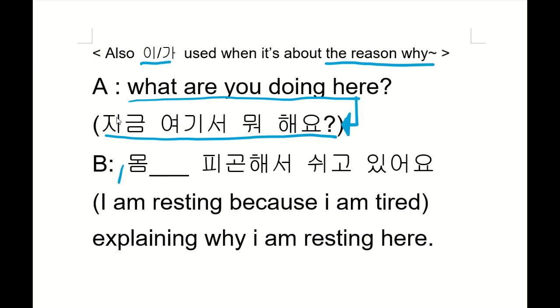And 몸 is body. Don't worry if you don't understand the rest of the sentence, but the translation is this one: I'm resting because I'm tired. So this part, 몸이 피곤해서, is here because I'm tired.